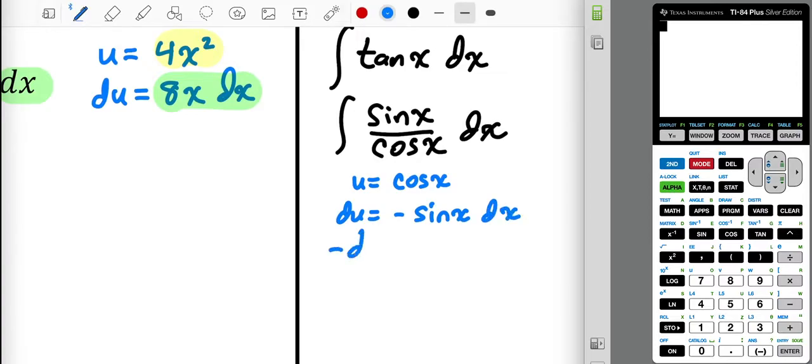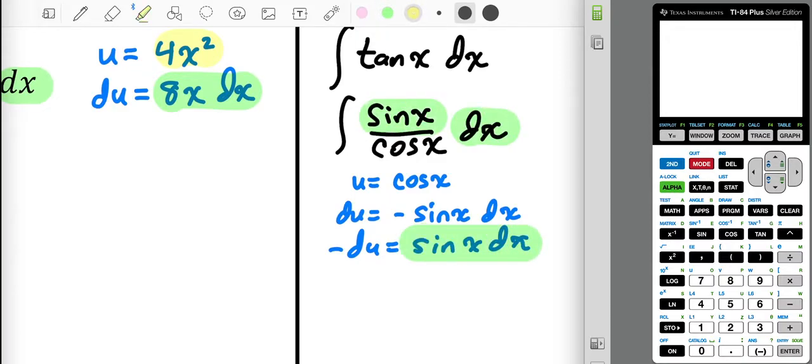If I negate both sides, then I have it. So I could cancel this part, and this is my substitution, so everything's accounted for. That's why I like the highlighter. If everything is highlighted when all is said and done, then I'm pretty confident that I got all my substitutions right.